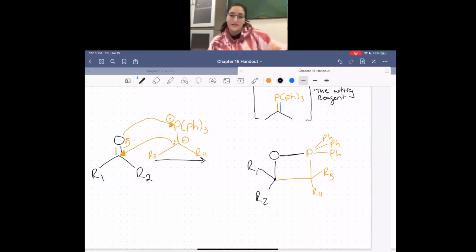Something you might not know is oxygen and phosphorus have a very high affinity for one another, aka they're madly in love, right? This is going to sound so stupid, and I know it is, but just go with it. So the oxygen and phosphorus want to be together forever, right? So oxygen is going to use its electrons to, how? Double bond that. So once it's double bonded, it's really committed, and the phosphorus can finally let go of carbon.